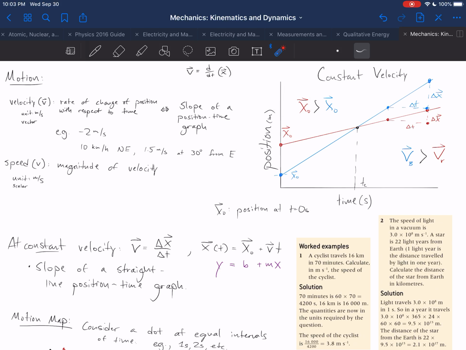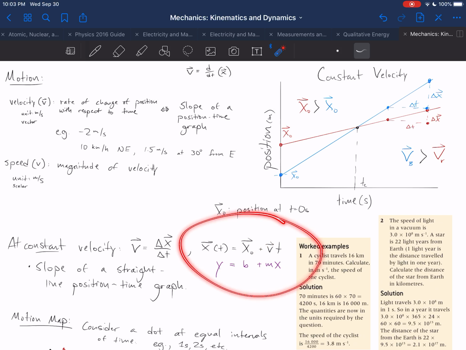Notice that each of these lines can be graphed in the form of a particular equation. You can write the position as a function of time as a linear equation. Each of these lines has as a y-intercept the initial position, and as a slope, the velocity. And then time is plotted on what is traditionally known as the x-axis.